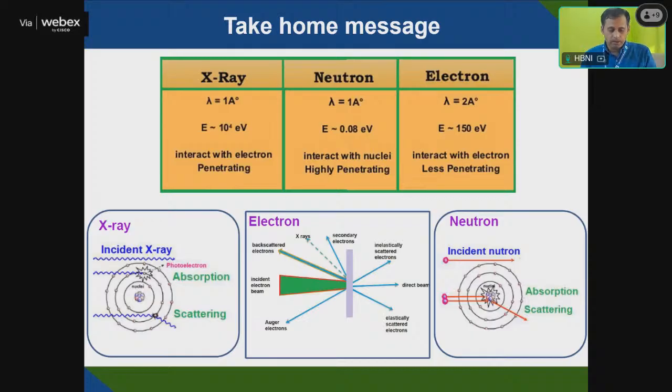So broadly, all the characterization techniques depend on these interactions. This was the basic introduction to the subject, discussing the interaction of matter with X-ray, photon, electron, and neutron. And next class we will discuss X-ray diffraction spectroscopy.